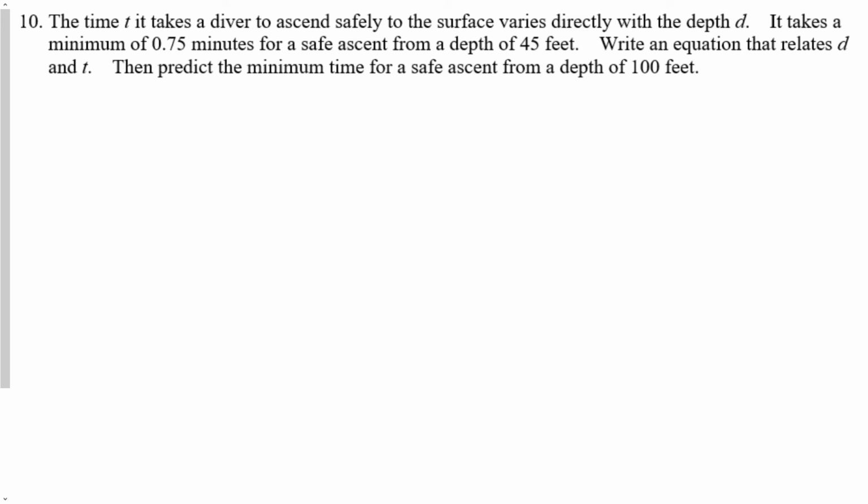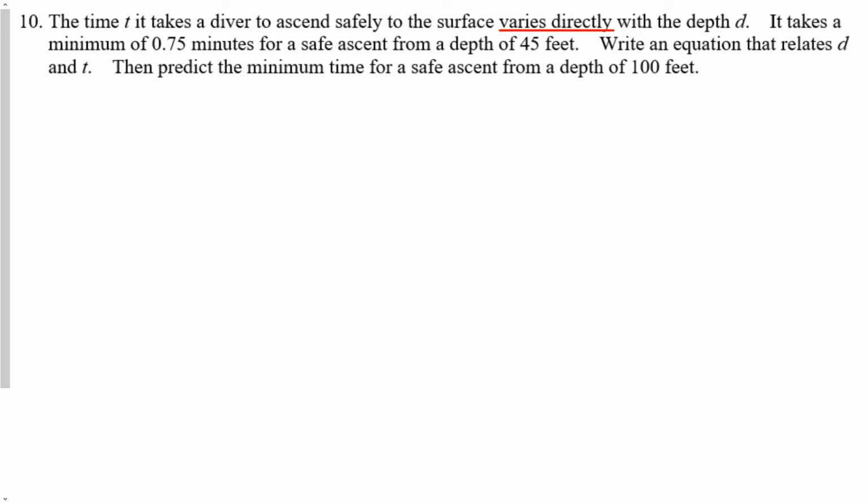So again, first thing we always have to do, read through the problem and figure out which type of variation we're dealing with. In this case, we see the words varies directly. So we know this is going to be a direct variation problem. So we can set up our general form for this using the variables that were given.